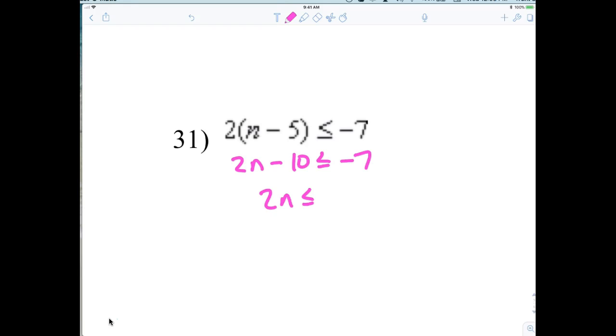Going to be +3. Right? +3. And now what? Wait a minute. You're dividing now. Be careful now. You just leave it as a fraction. If it doesn't go evenly, you just leave it as a fraction.